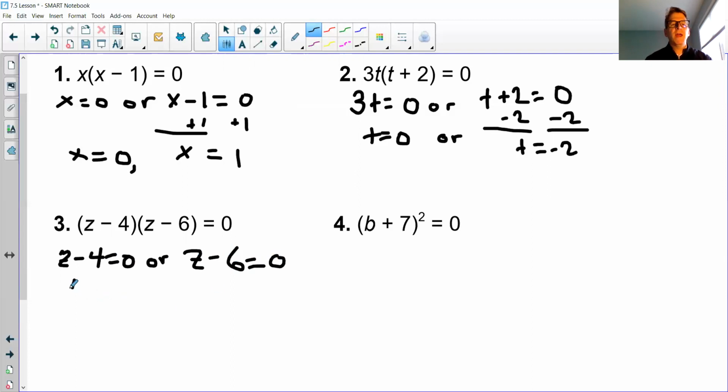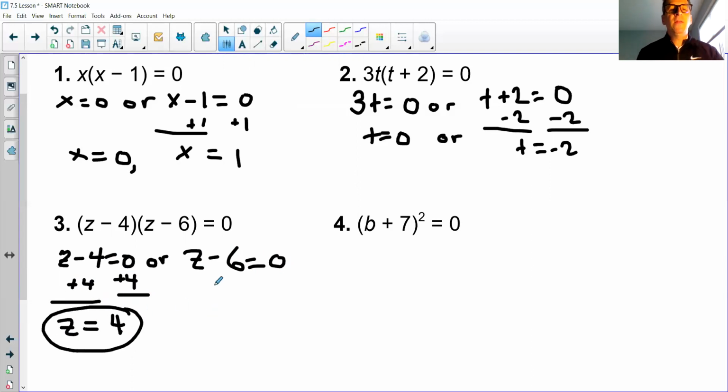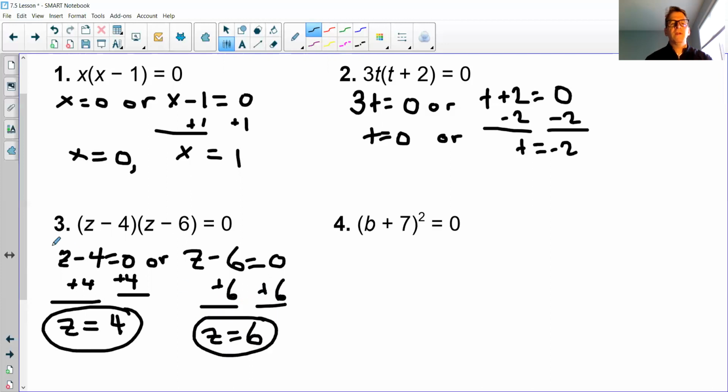Solving for z, add 4 to both sides on this equation, and you'd have z equals 4. That'd be one root. And the other root would be, adding 6 to both sides, z is equal to 6. So your two roots for number 3 are z equals 4 or z equals 6.